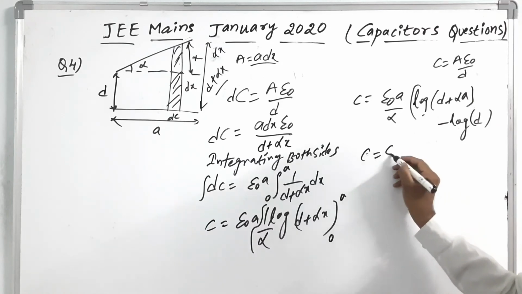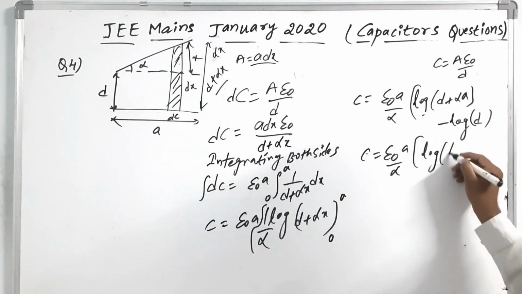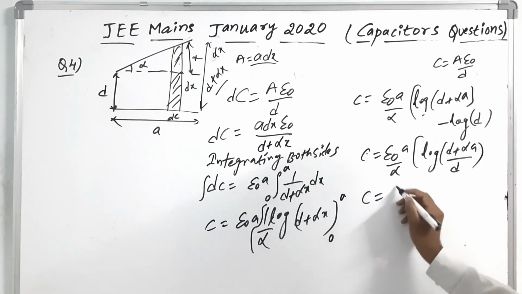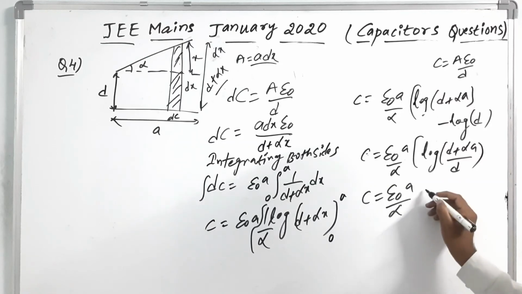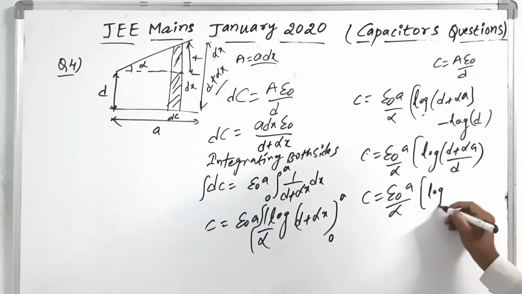So C is equal to epsilon naught A by alpha, log of D plus alpha A by D.